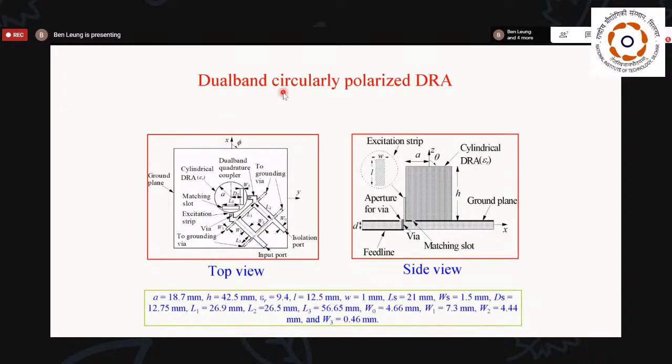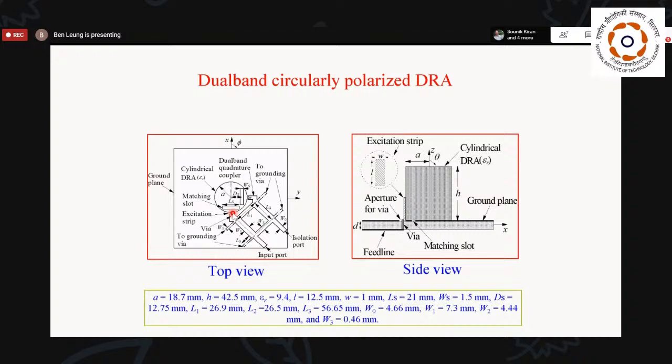Okay, next we consider the circularly polarized DRA for the dual band design. Here, if we consider one conformal strip feed and one matching slot, we have an LP design.